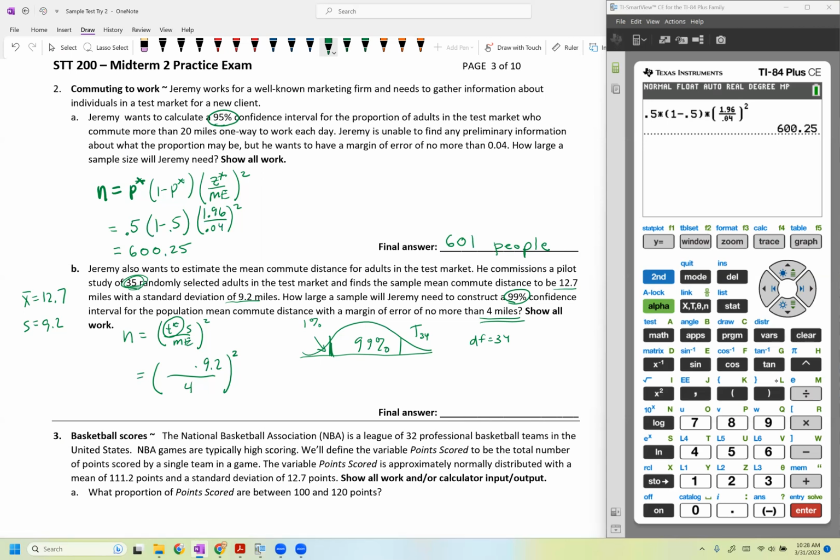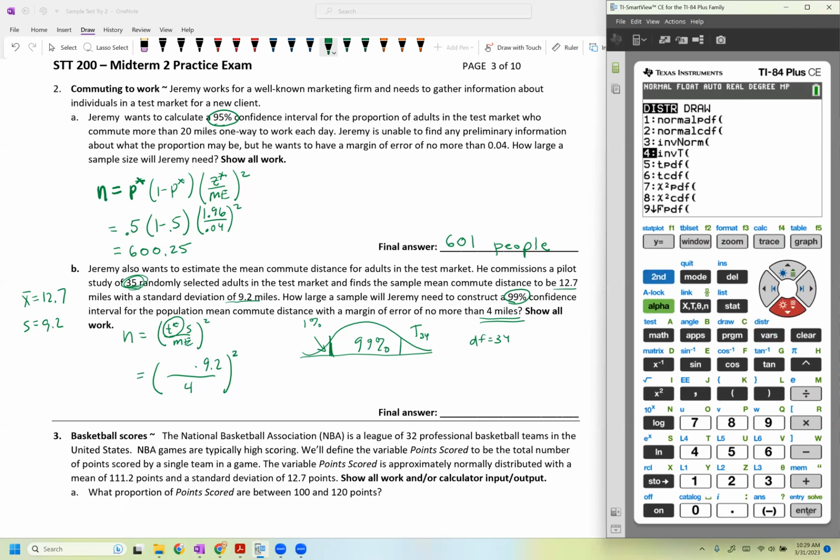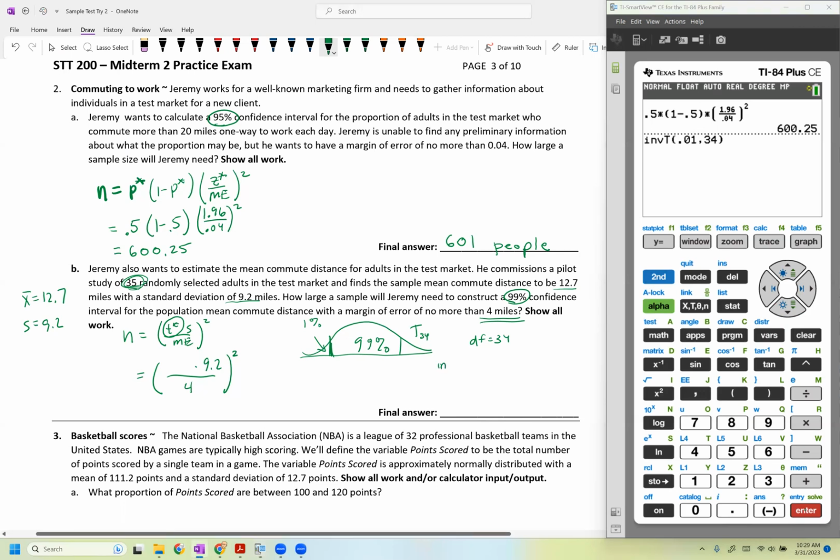Well, let's go to second distributions, the inverse t function. It asks us for an area. I'm going to say it's 1% area, and 34 degrees of freedom. And then we'll hit paste. So inverse t of 0.01, 34 degrees of freedom.